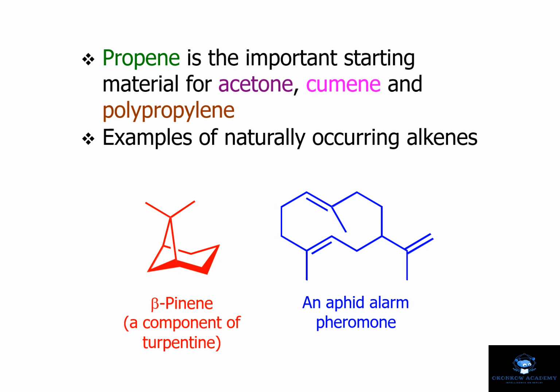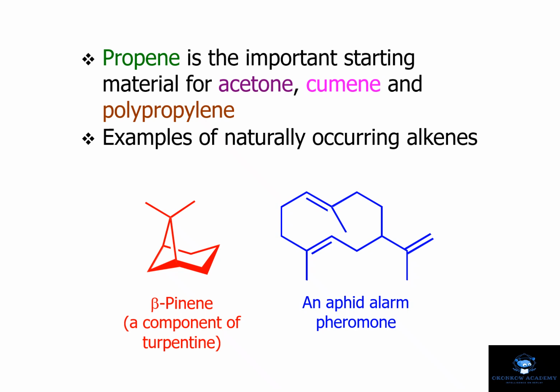Propene is similarly important. It is the precursor to acetone, cumene, and polypropylene. But alkenes aren't only industrial. Many occur naturally.